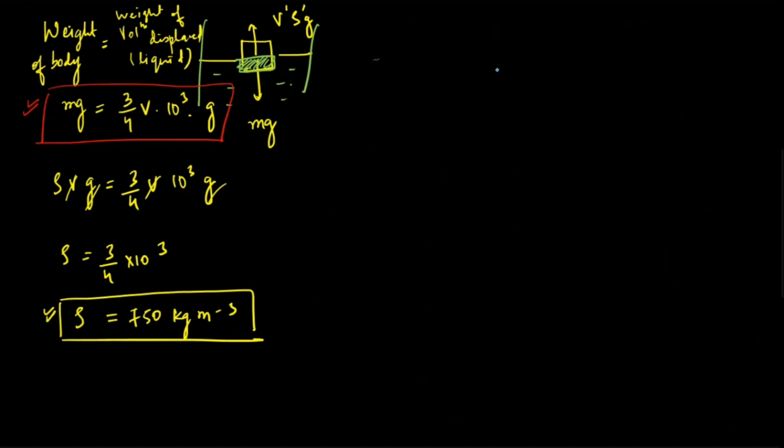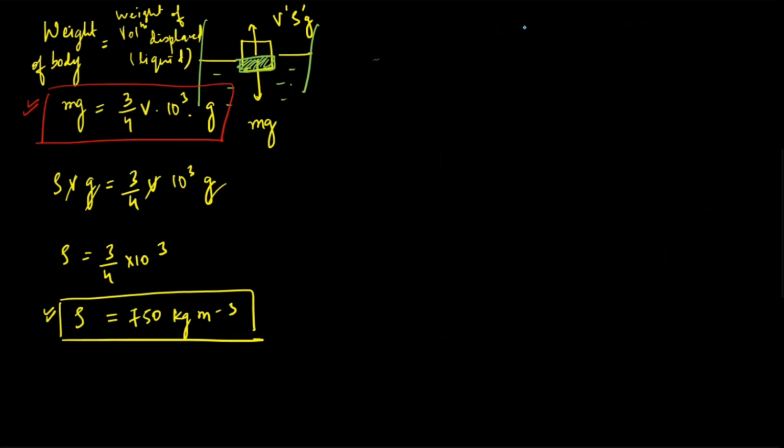Buoyancy is acting because of that displaced 3 by 4 volume. If the volume 3 by 4 is not displaced, then there is no buoyancy. Or sometimes the object's structure is such that mg is not capable enough of letting that object sink.